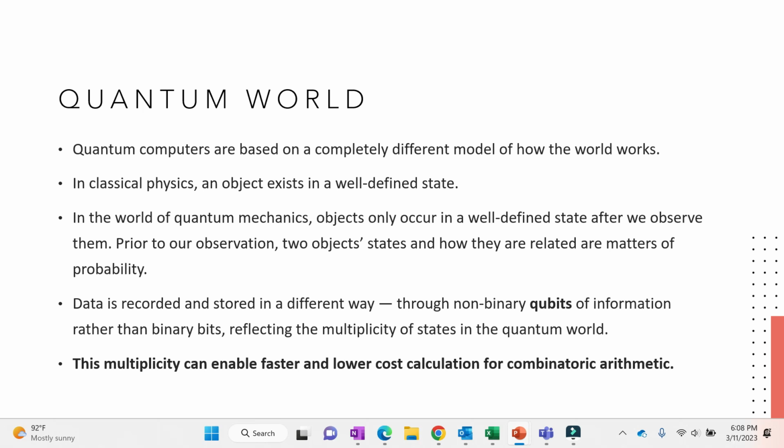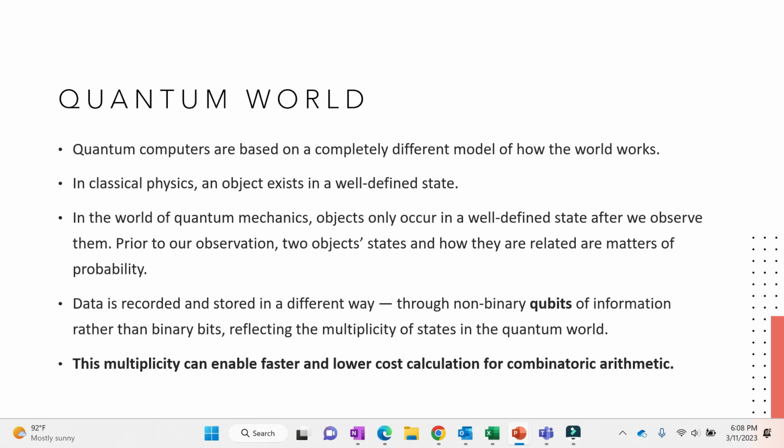In classical physics, any object will always have one single well-defined state. But in quantum mechanics, the object can occur in multiple states. It will occur in one well-defined state only after we observe it, but prior to our observation, the object can have multiple states.